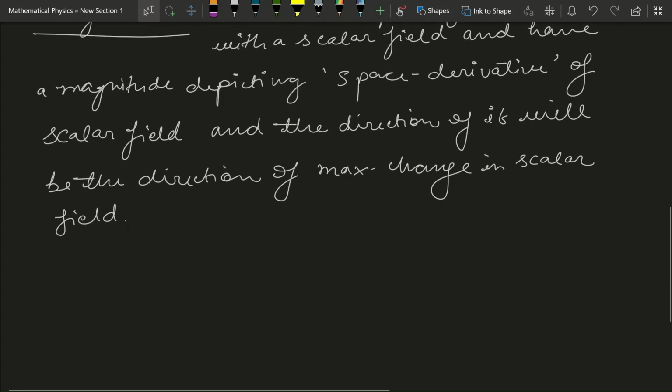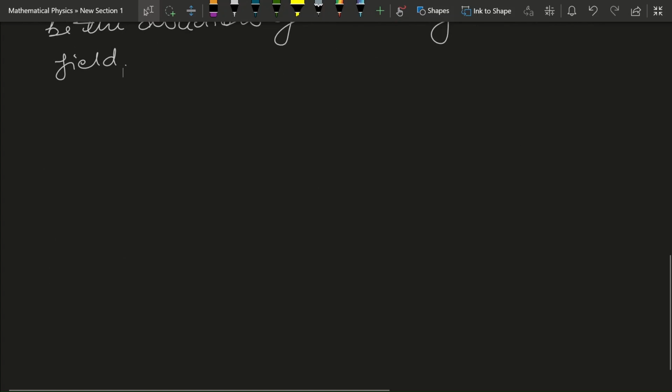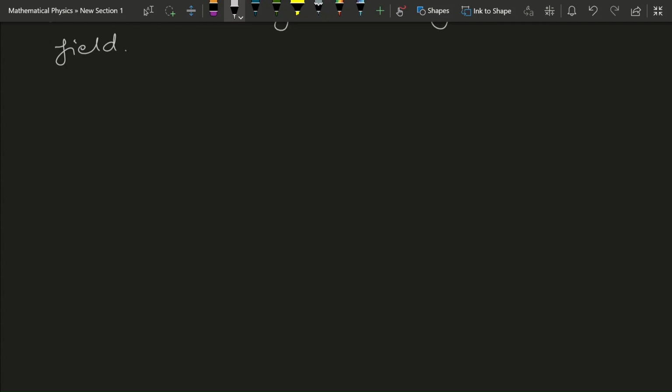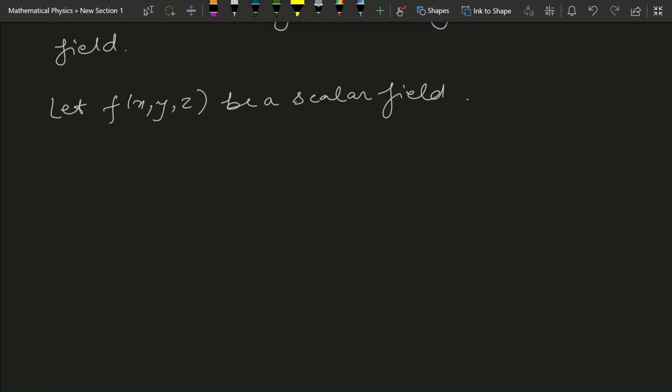Okay, so now I'm gonna define it mathematically, and for that I will consider a scalar field. Let f(x, y, z) be a scalar field. Also I can take any kind of scalar field, like just of x and y coordinates, but I am taking this as my case.